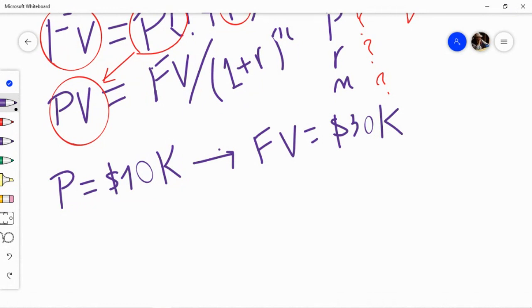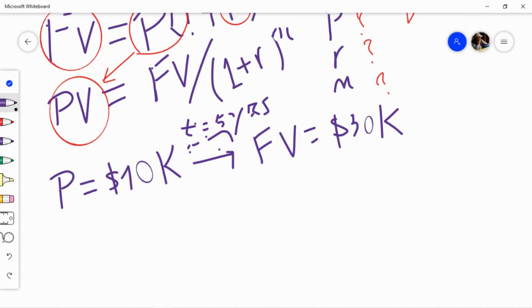You want to grow it to 30K, and your timeline is 5 years. That means you want to grow your 10K to 30K in 5 years.